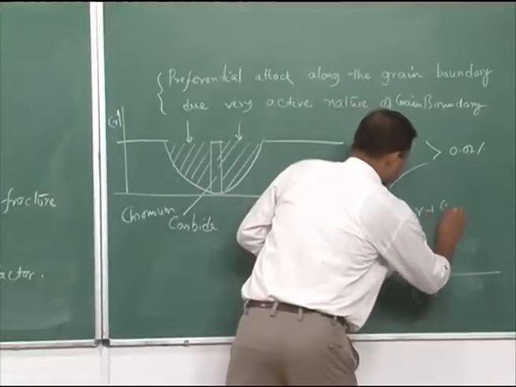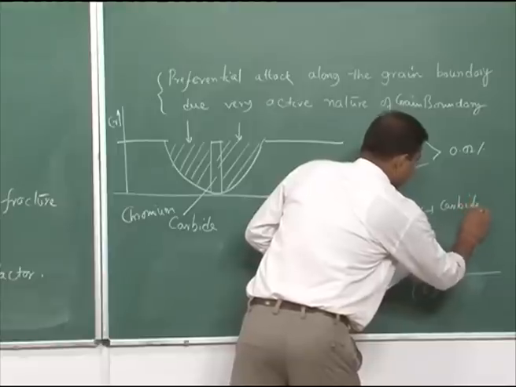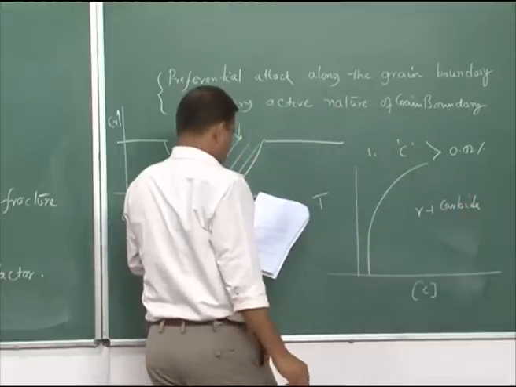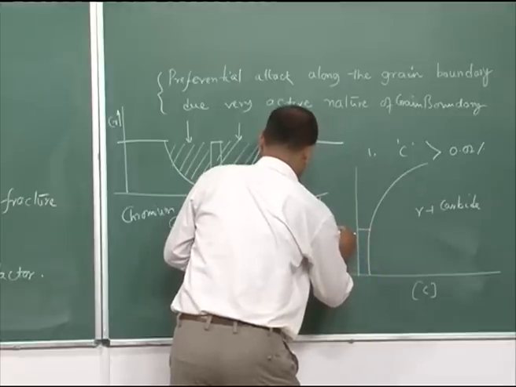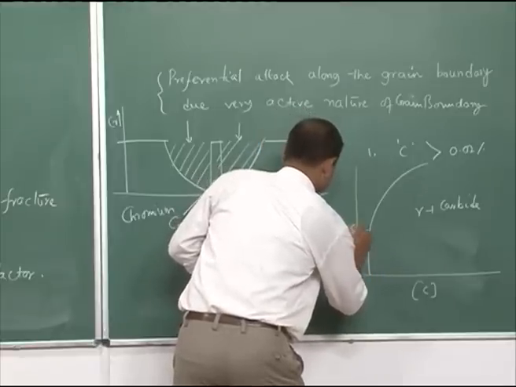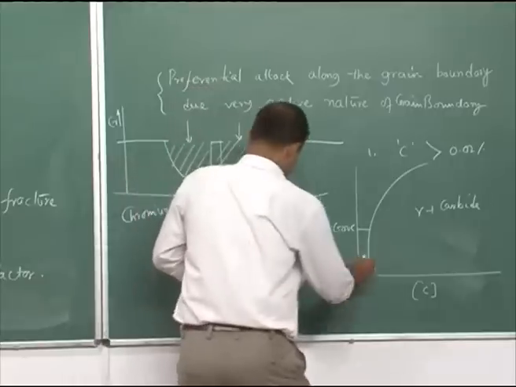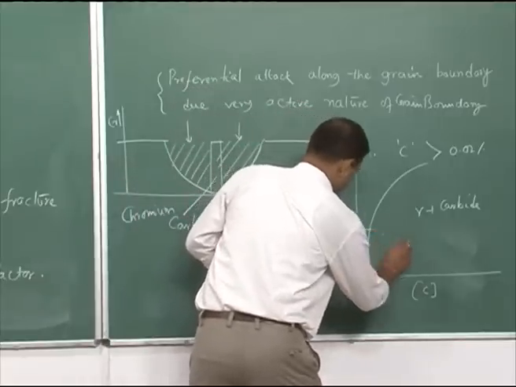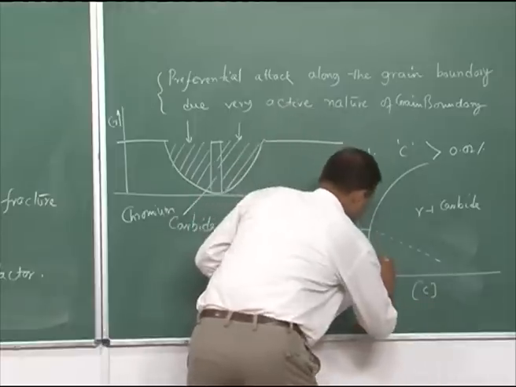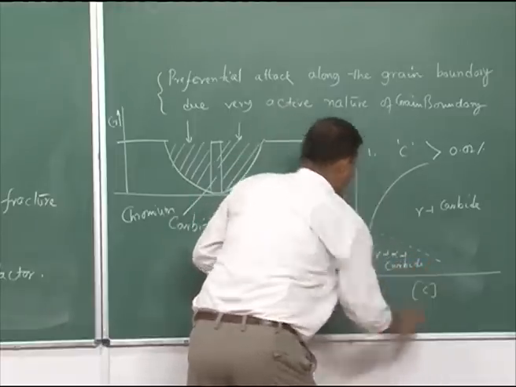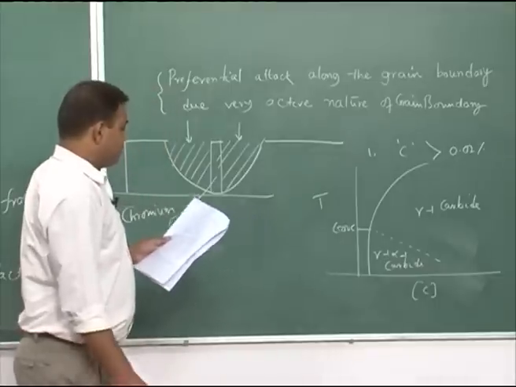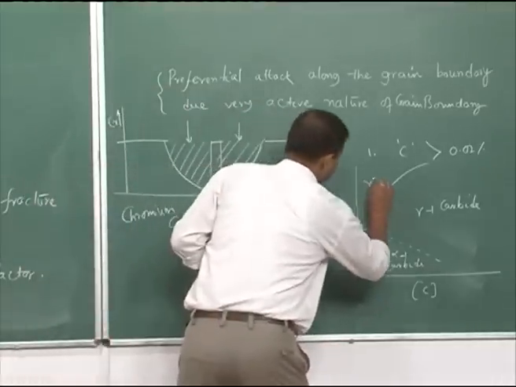Then we will see that the phase diagram is like this, and this is my gamma plus carbide, and this temperature is around 600 degrees Celsius. This is gamma plus alpha plus carbide, and this part is austenite.